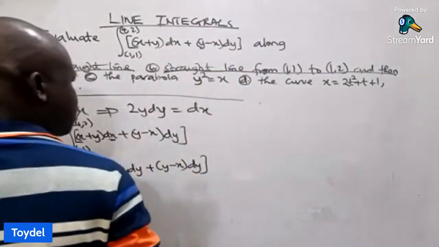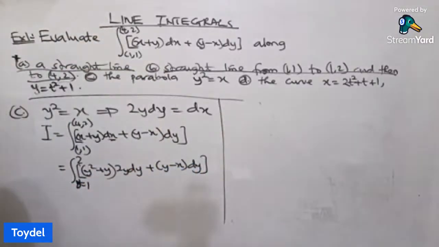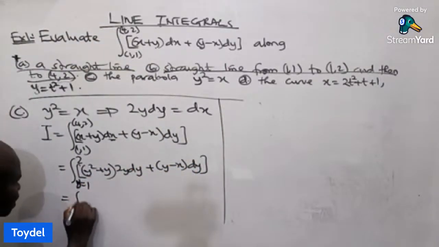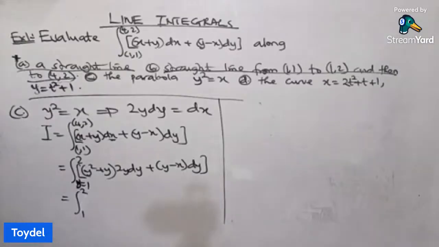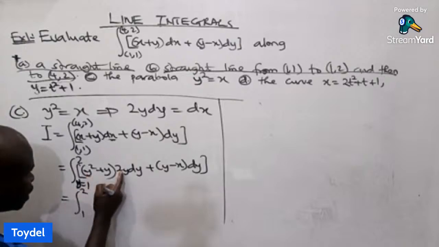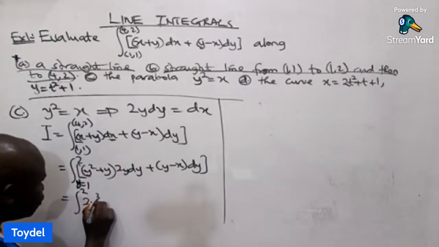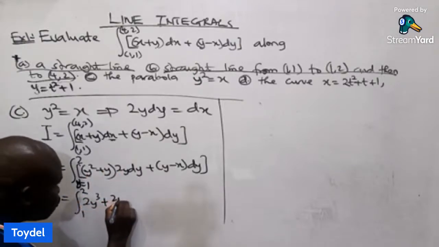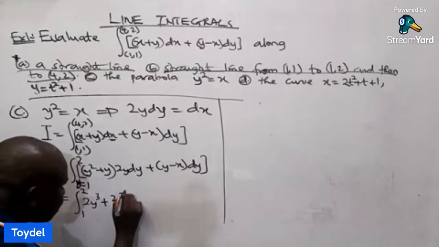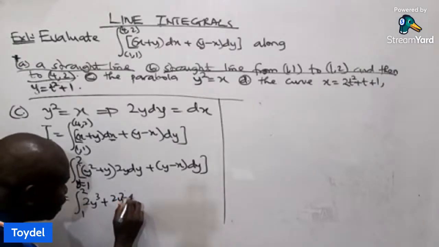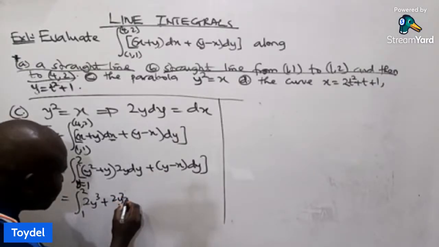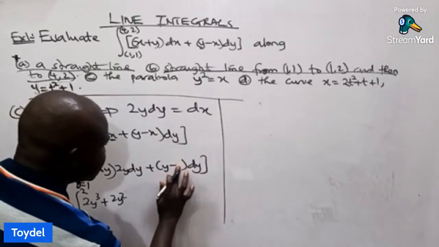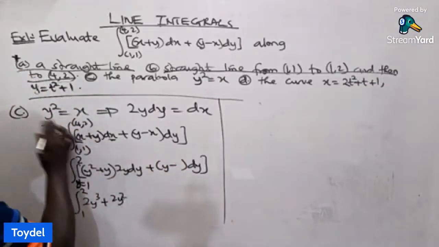So now let's just focus and look at what we are trying to do. We have the integral from 1 to 2. I will use this to multiply this, and I will have 2y cubed plus 2y squared. Then instead of x here, I'll change it to y squared.